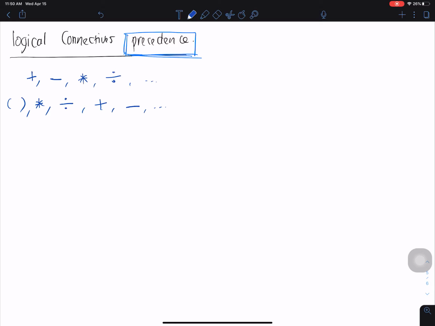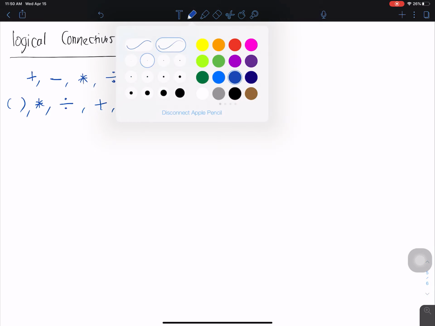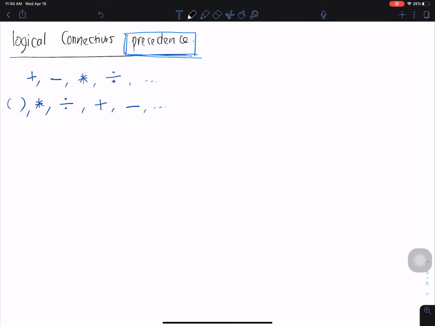Understand? What I'm trying to say here, if we have some calculations like 2 plus 3 times 4, and we have 2 times 3 plus 4, or 2 plus 3 times 4 but we have bracket here, and 2 times 3 plus 4 but we have bracket here, equal.